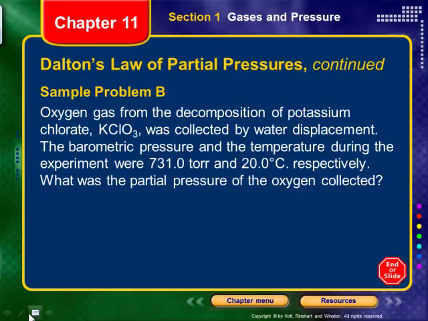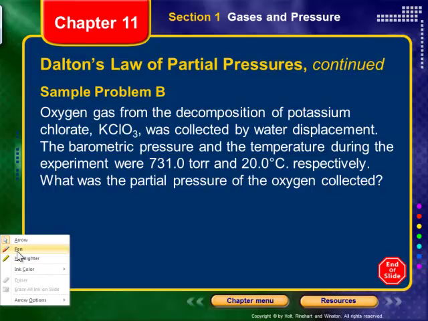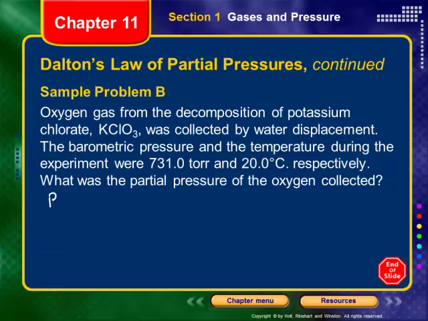Okay, well, if we take our original equation, P sub ATM equals P sub gas plus P sub H2O. We can rearrange this: P sub gas is equal to P sub ATM minus P sub H2O.